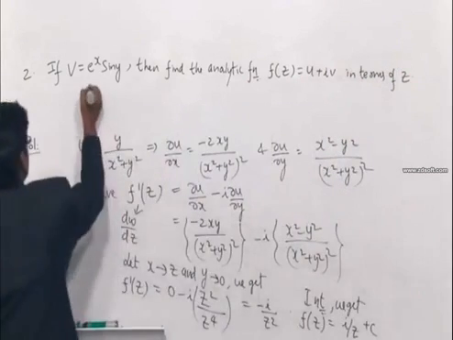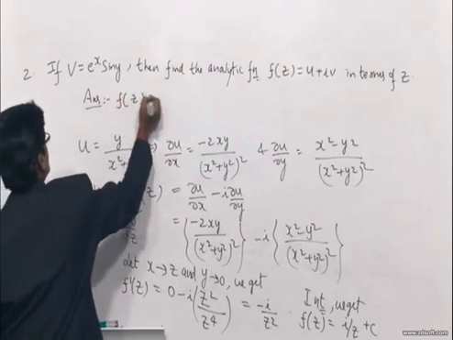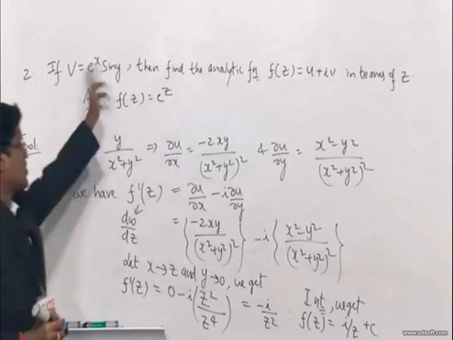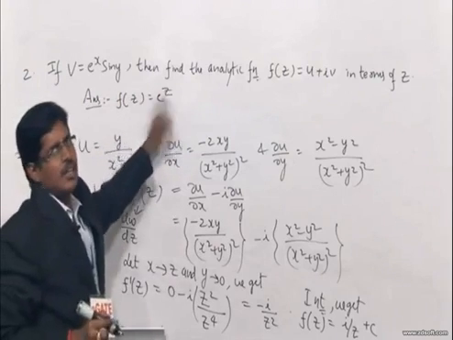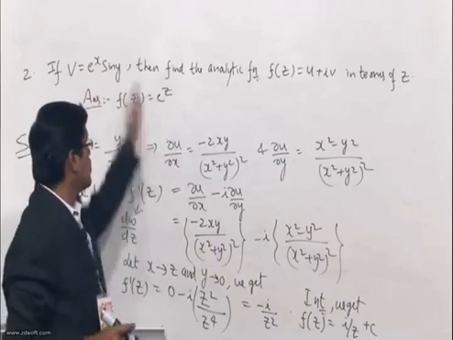Okay, answer: f of z is equal to e power z. This is the answer, exponential z. Just substitute x plus iy here, separate the imaginary part, and it coincides with the given one, as above.